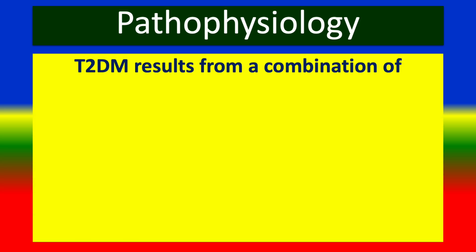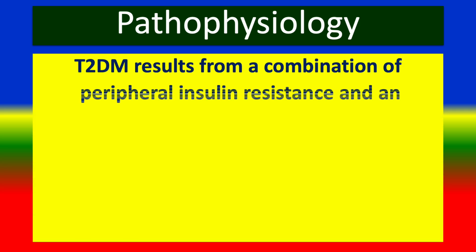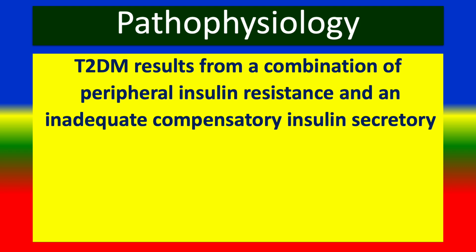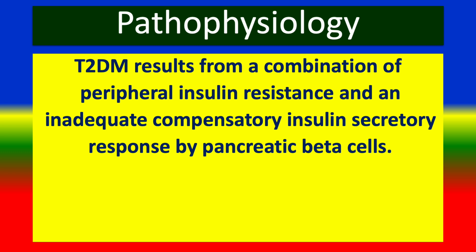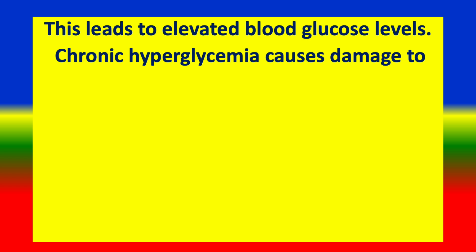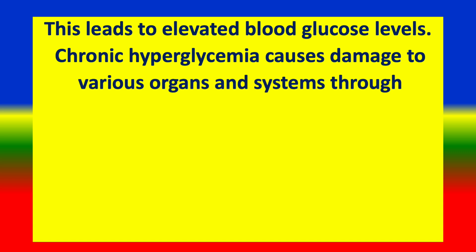Pathophysiology: T2DM results from a combination of peripheral insulin resistance and an inadequate compensatory insulin secretory response by pancreatic beta cells. This leads to elevated blood glucose levels. Chronic hyperglycemia causes damage to various organs and systems through mechanisms such as: 1.